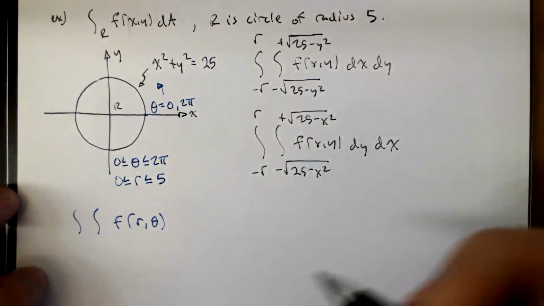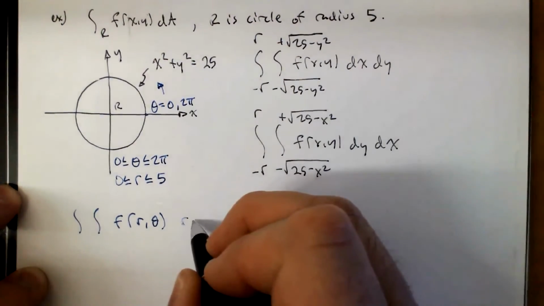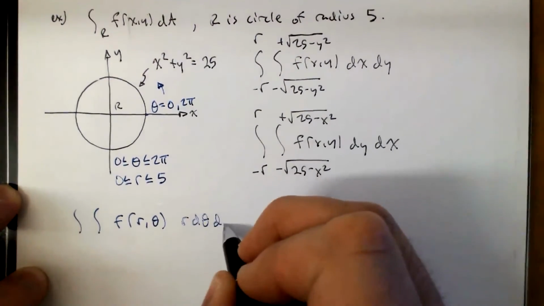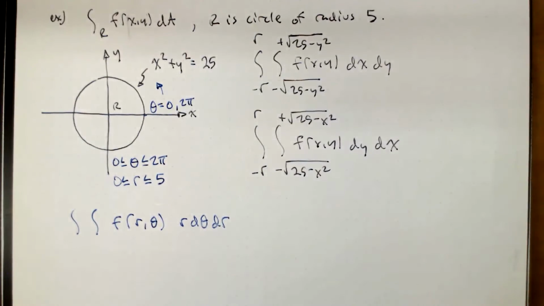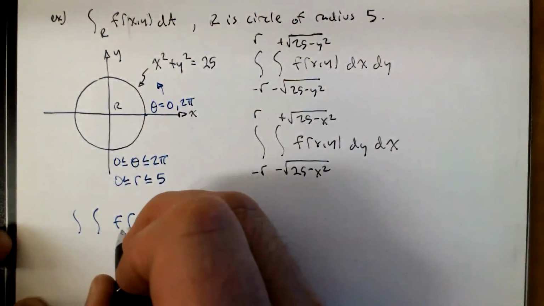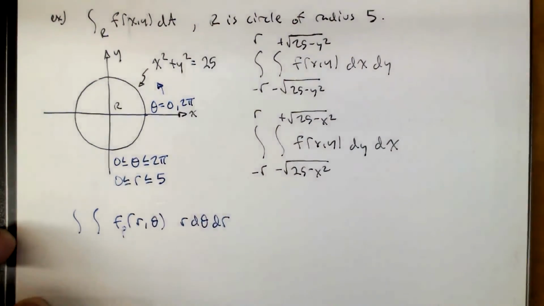So we have to have r d theta dr. r d theta is a length, dr is a width, so r d theta dr is an area. We also can't just trade our x's for r's and our y's for thetas. We'll have to convert the function to polar coordinates.